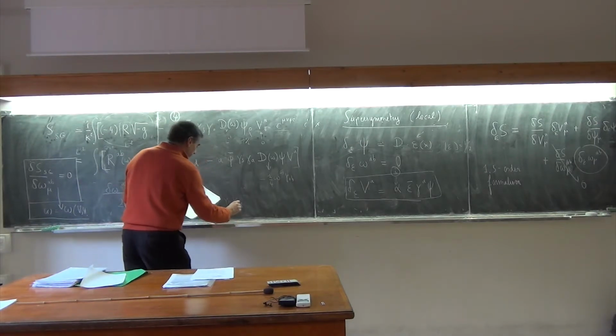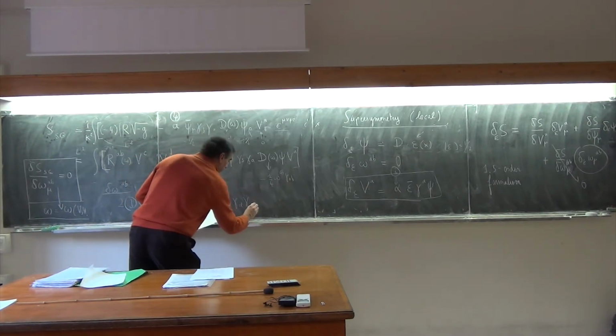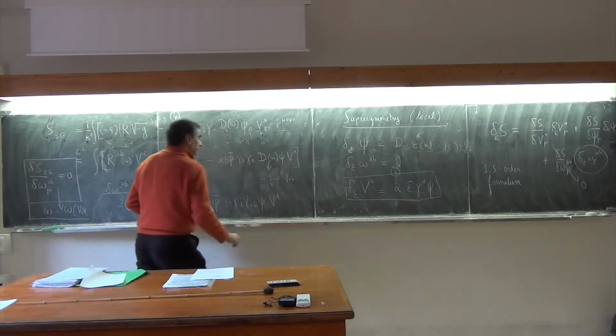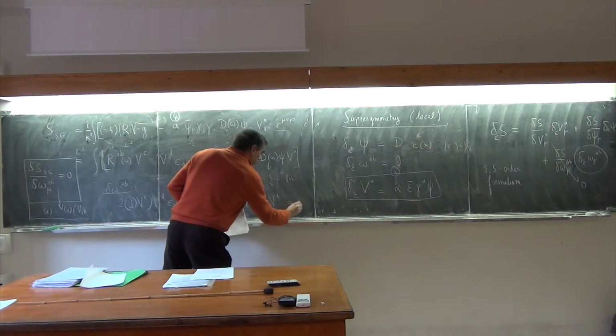I don't know why I called it d. Ah yes, gamma ab because these are indices ab, psi V_d, and everything has to be put in here.